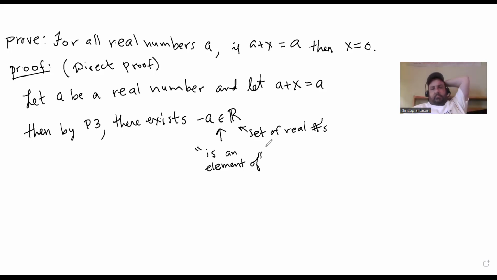So this little bit of symbols means negative a is an element of the real numbers. So there exists an additive inverse for a.